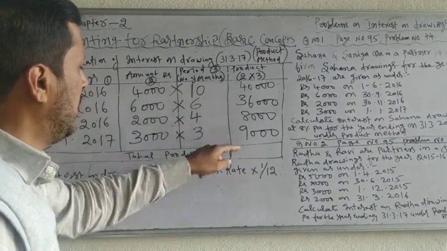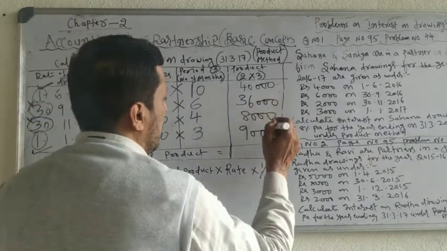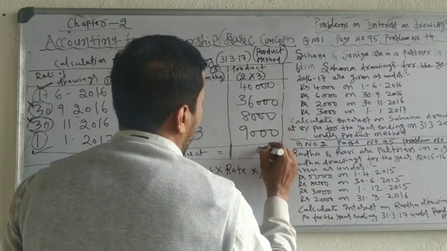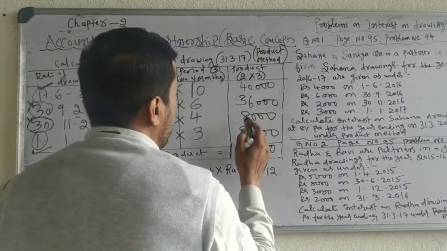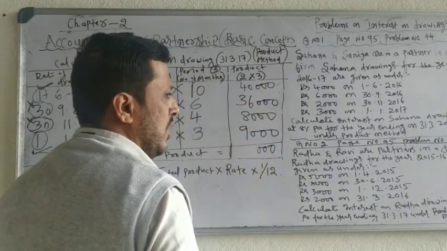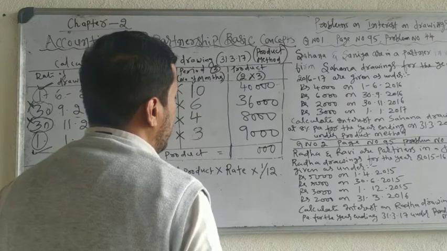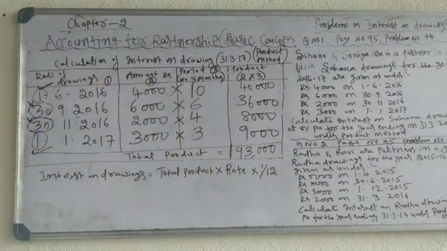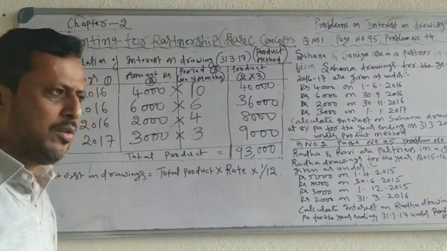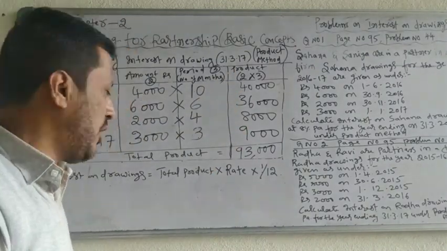Now see the total of the product. 40, 36, 76, 76 plus 8, 84, plus 9, 93. Total product is 93,000. Now you have a formula for calculation of interest on drawings.